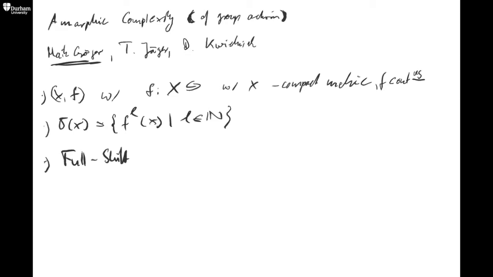Yes. So the full shift: our space X is the set of all one-sided infinite 0-1 sequences, and I will also just denote this by Sigma. Our map F here is the left shift, also denoted by small sigma.